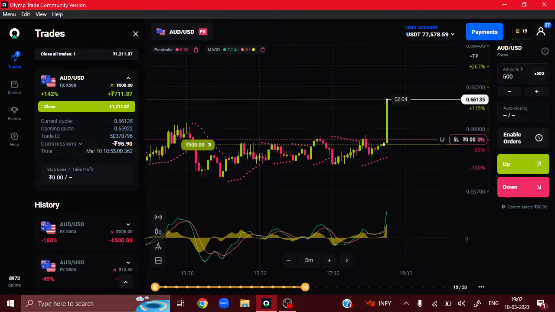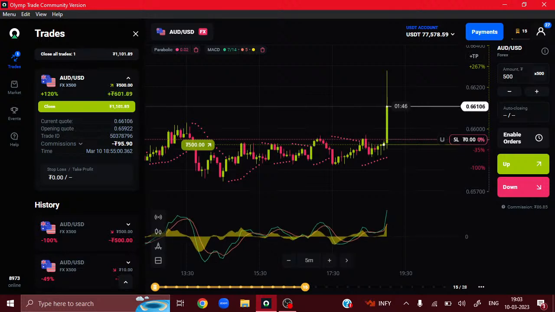So if you are willing to take 50% risk on your invested amount, then hold on to this trade. Otherwise, if you want to be on the safer side, then you can shift your stop loss to 100%. Risk appetite, guys. How much risk are you willing to take?